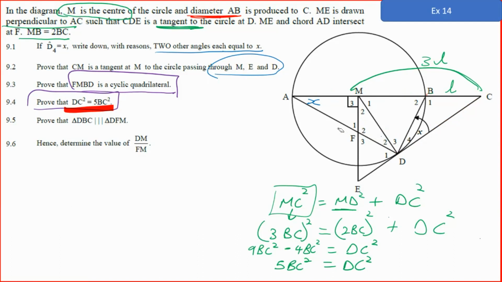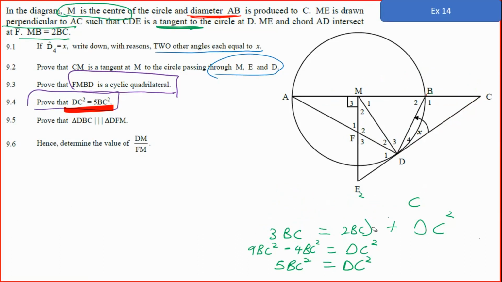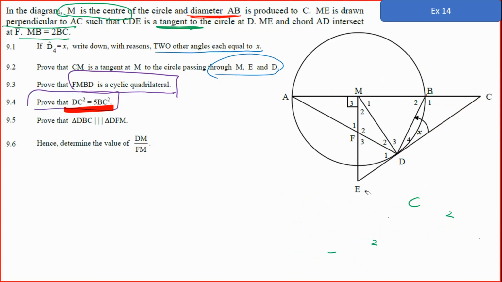So I'm going to rub my board again. It's all messed up. The only problem when I erase all this is we miss a lot of things we proved above. Well, the next question is talking about similarity. You're looking at DBC, and we're looking at DFM.